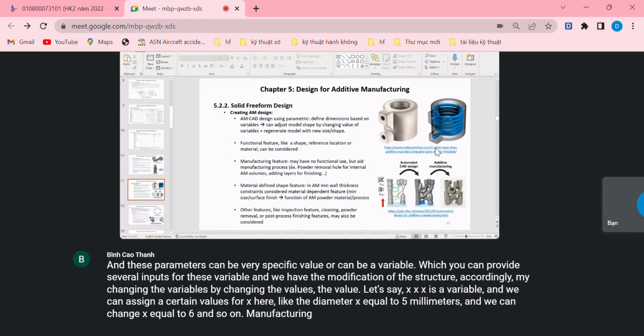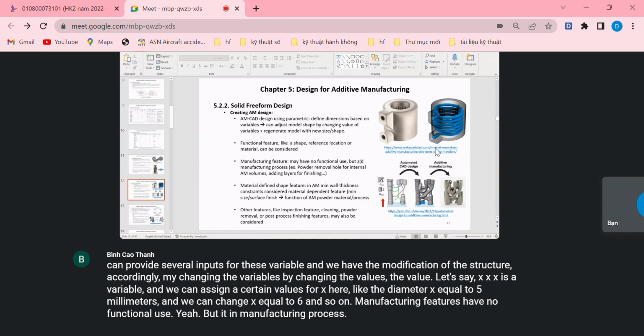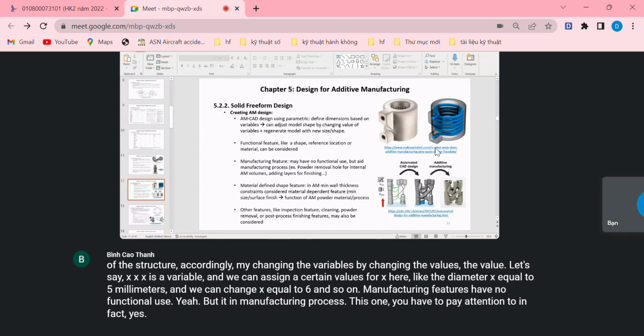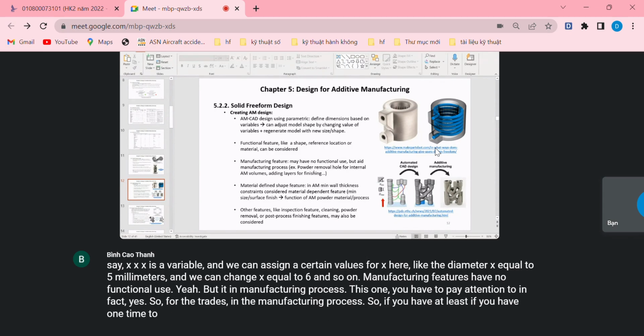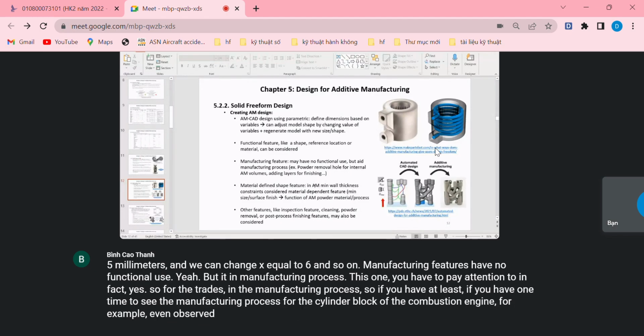Manufacturing features have no functional use, but aid in the manufacturing process. This one you have to pay attention to. In fact, for the traditional manufacturing process, if you have ever seen the manufacturing process for the cylinder block of a combustion engine, for example, you will observe there are certain holes, which we call technical holes.